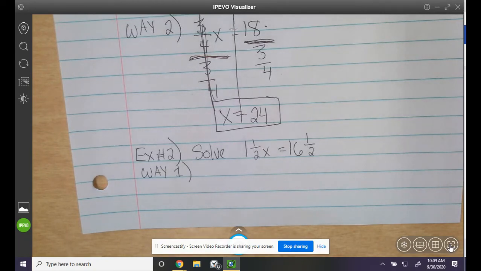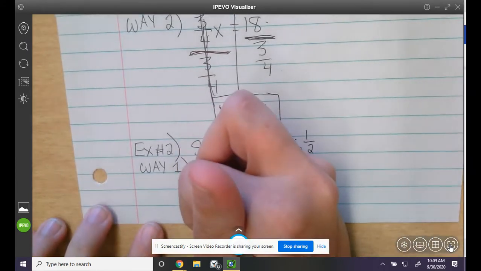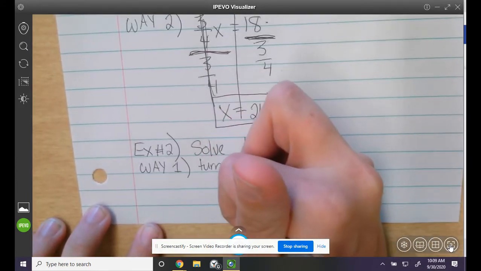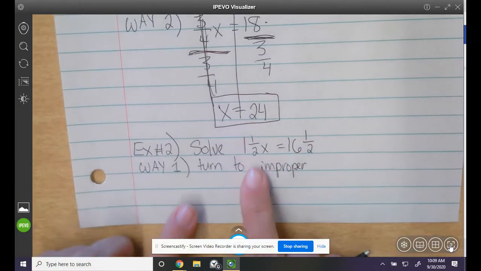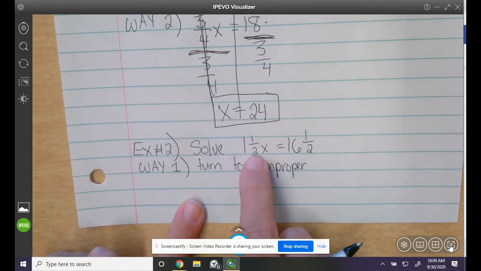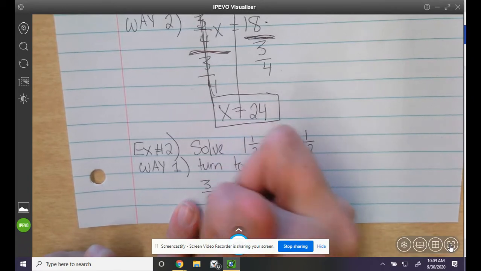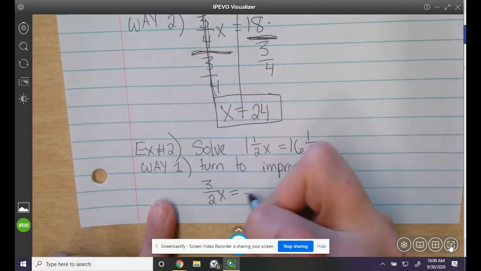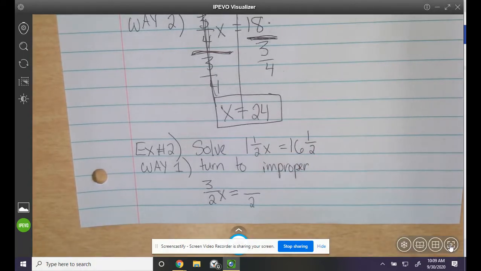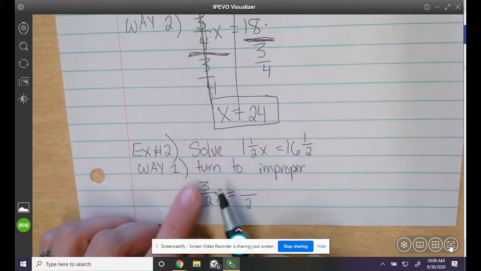Okay, so way number 1, we have to turn these mixed numbers to improper fractions. It's 3 over 2, because 2 times 1 plus 1 is 3.